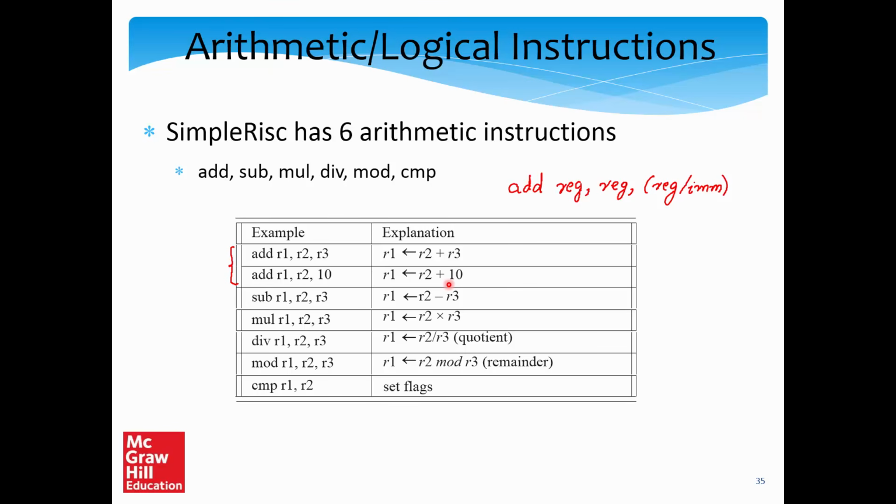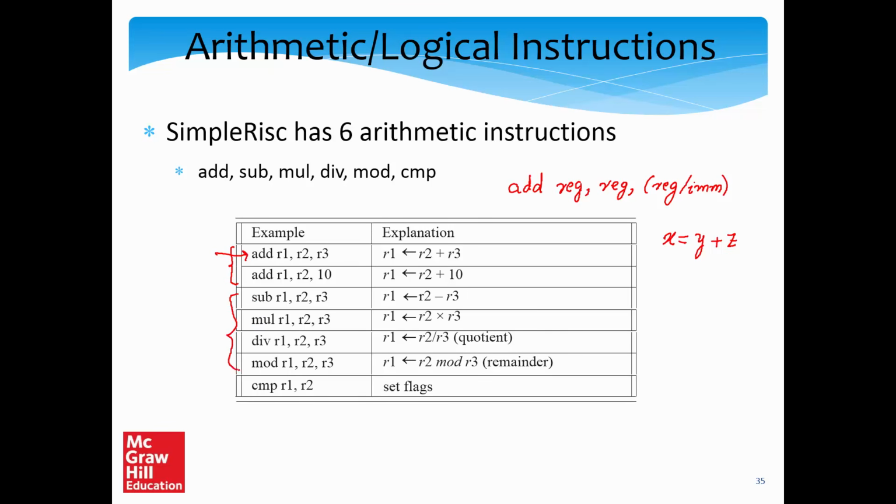So this is the simple add instruction, which has a nice analog with traditional programming languages, where if you write a C function of the form x equals y plus z, we can directly translate it to an assembly instruction of this form. Fine. So after the addition instruction, the rest 4 instructions, sub, mul, div, and mod, have exactly the same format. So I have not shown the immediate values over here, but I'll explain with examples.